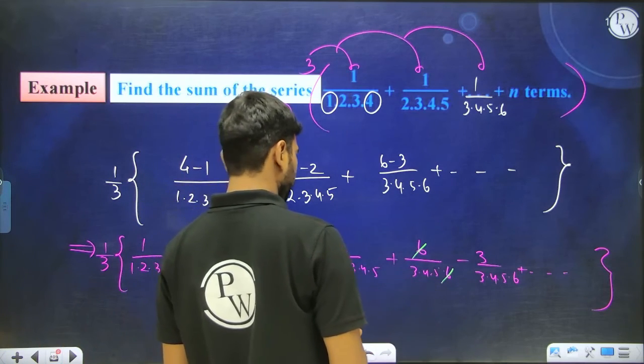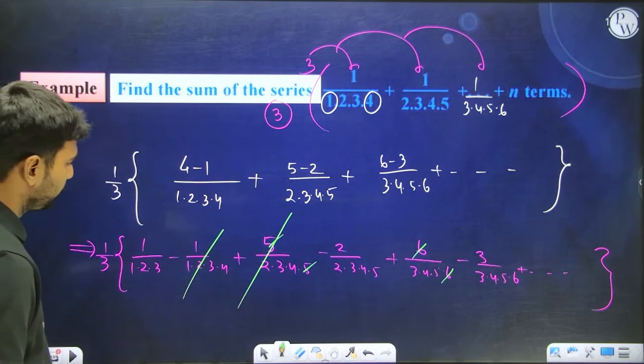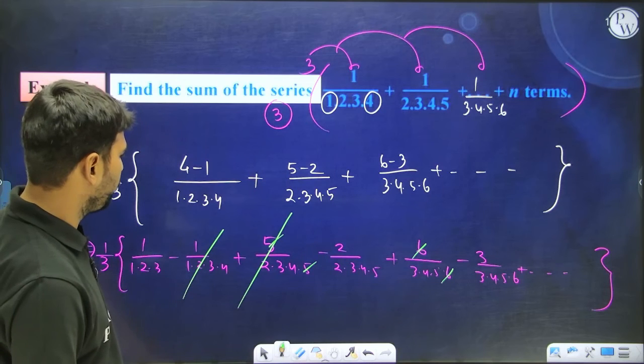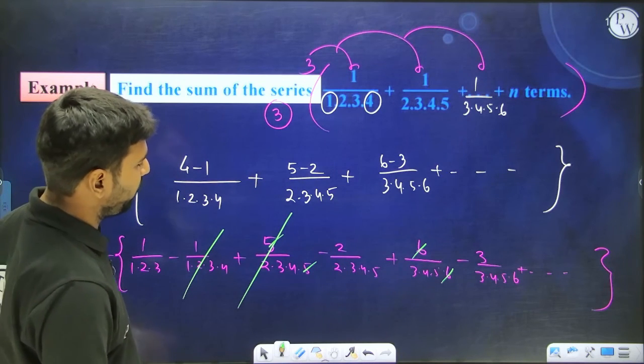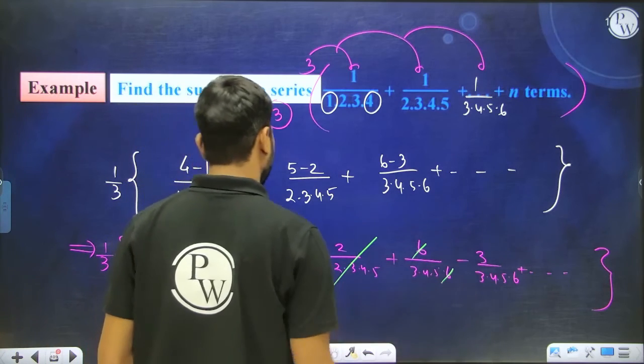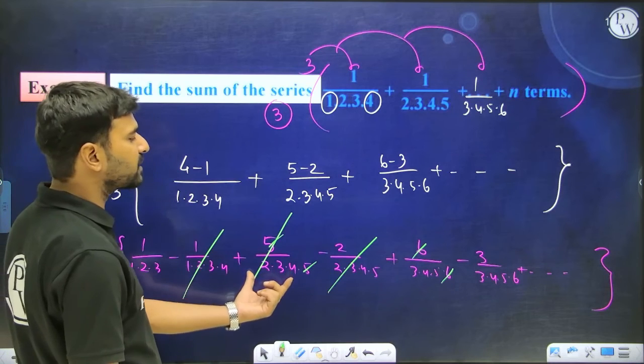So ultimately what will happen is 1 by 2 3 4 with 1 by 2 3 4, then over here 1 by 3 4 5 with 1 by 3 4 5, and so on. The terms are getting cancelled like this. The minus term is getting cancelled only if a plus term comes to cut it down.